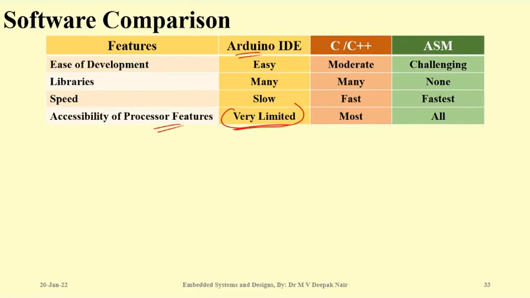So to access all the features of a microcontroller, you should always go for assembly language. But again, it is very challenging. But with C, especially with C, you can access almost all the features of a microcontroller. All the features.